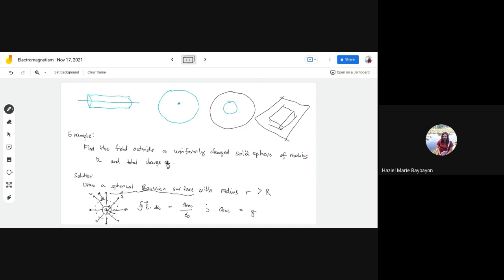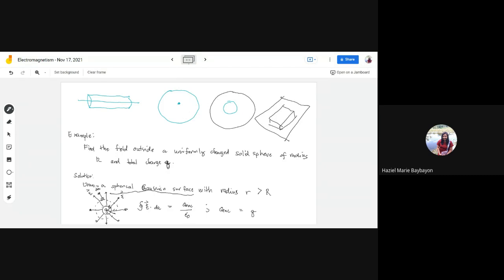Now, notice that your electric field, which is due to the solid sphere, is parallel to the direction of the infinitesimal area. Okay?